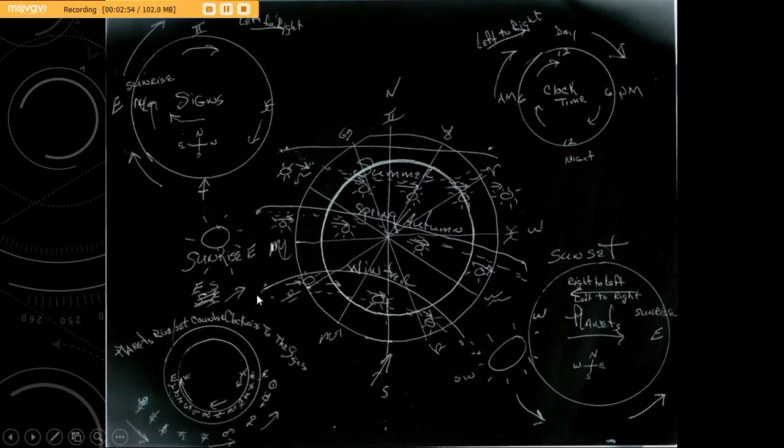Okay, so let's see what else we can see in this chart. I've discovered that this chart right here, we're trying to make a three-dimensional pattern out of it, but it's on a flat two-dimensional surface. But if this was to tilt sideways, it would be 23.5 degrees to the celestial equator, which is also 23.5 degrees.